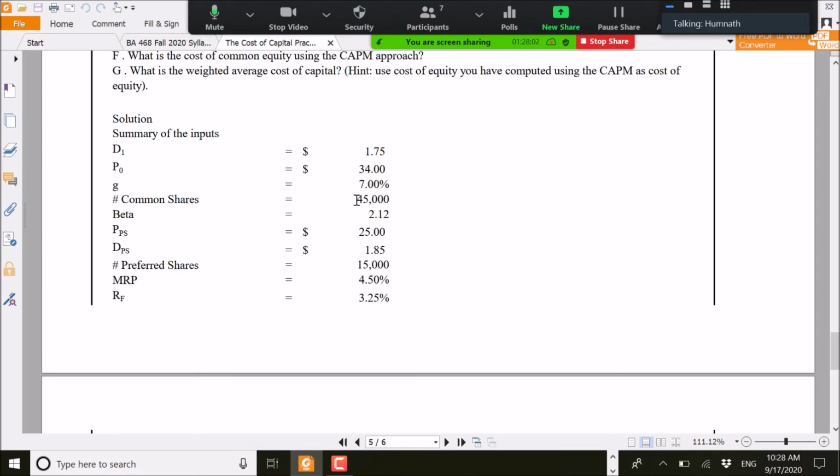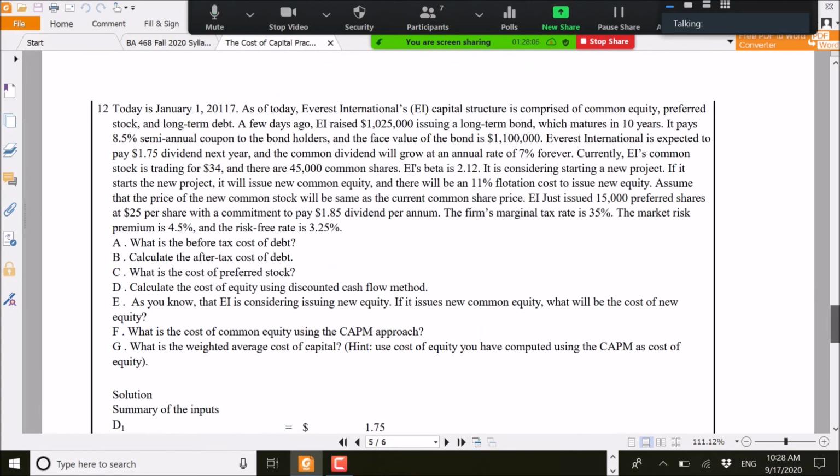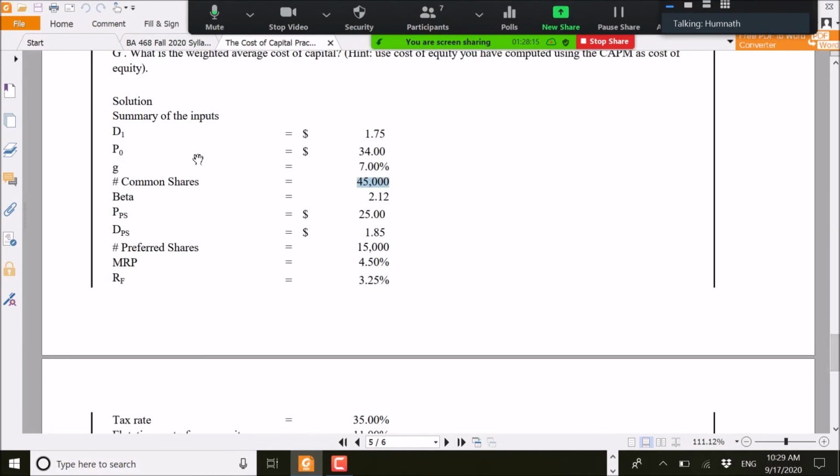There are 45,000 shares outstanding. I summarized this information, and then I also have beta, the price of the preferred stock, the dividend for the preferred stock, the number of preferred stocks, and the market risk premium.